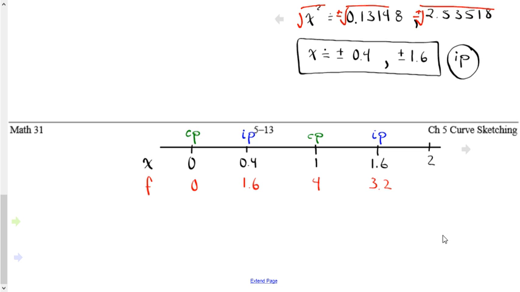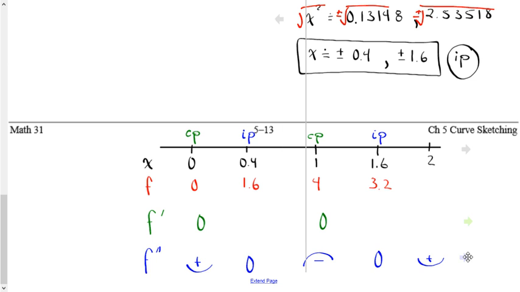First derivative, 0 here, critical point, 0 there, critical point. Second derivative, 0 here, possible inflection point. So I do the second derivative test at each of these critical points. Discover here this will be a relative minimum. Here this will be a relative maximum. It's concave down, so this is an inflection point. Concavity changes where x is 0.4.